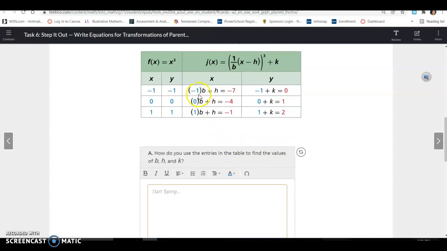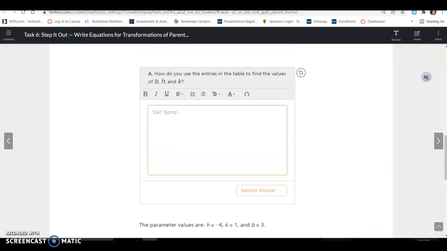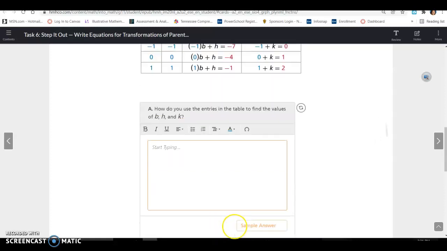All right, so given this table, we can work backwards to find B, H, and K. So if we use the middle points here, we know that 0 times B is 0, so H equals -4 and K equals 1. So that's the easiest two to find. H is -4 and K equals 1.